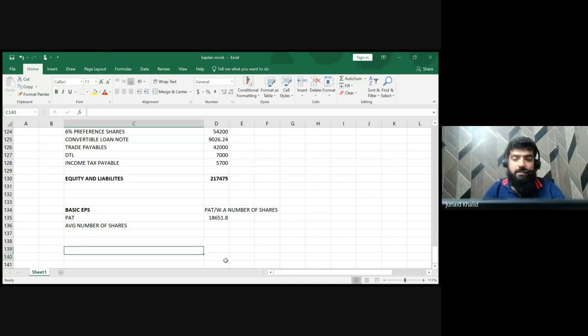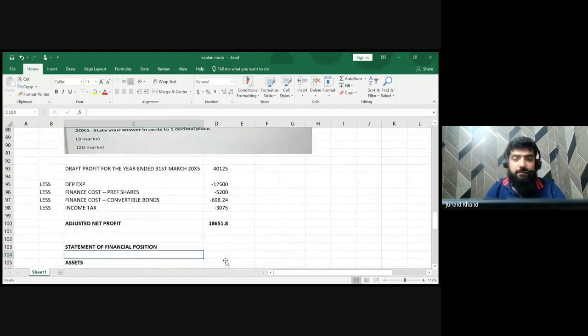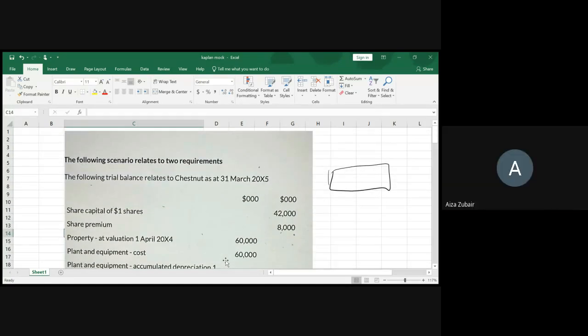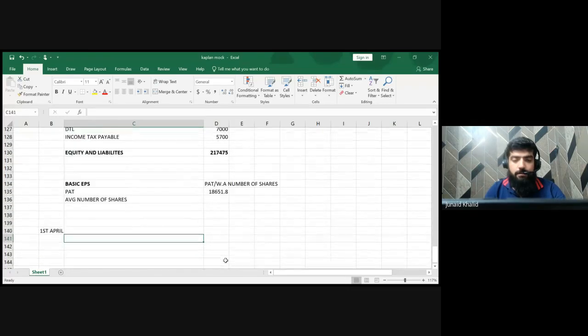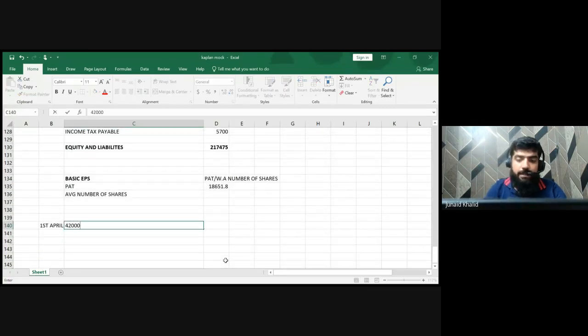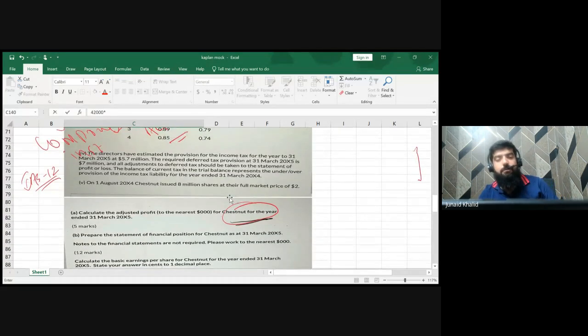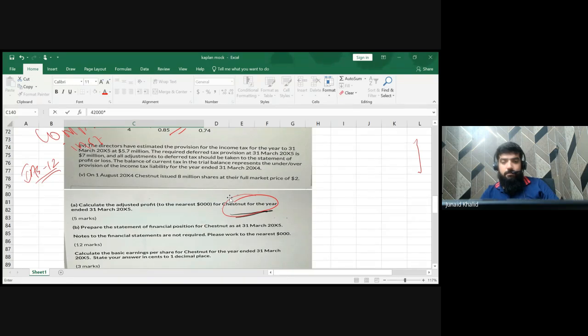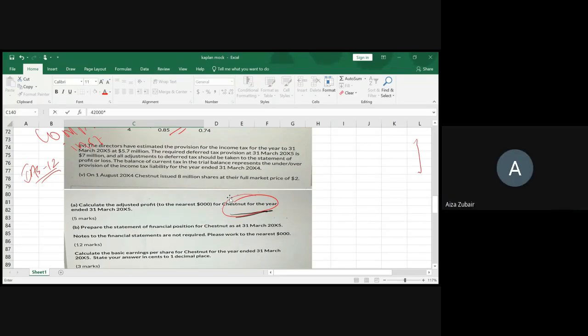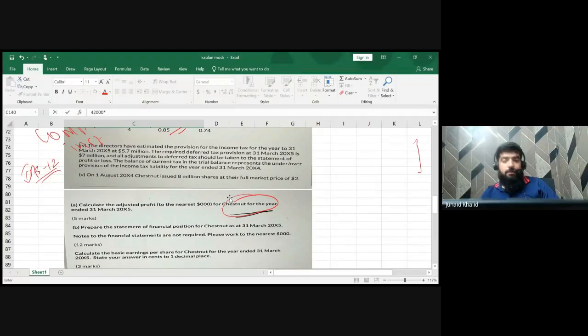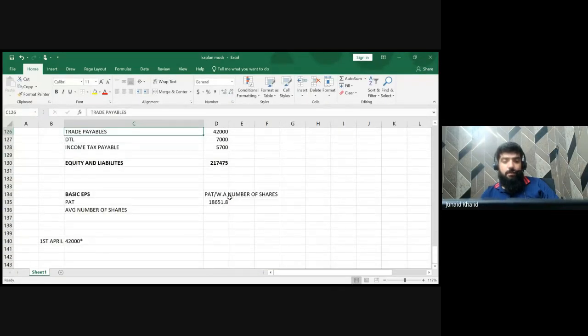Yes. At the start of the year, that is 1st April, the ordinary number of shares we already have in the market is 42,000. Then we issued shares at full market price on 1st August, 8,000.